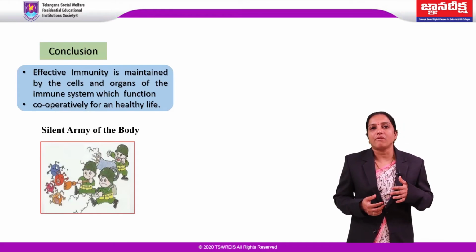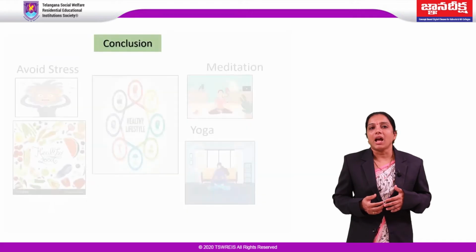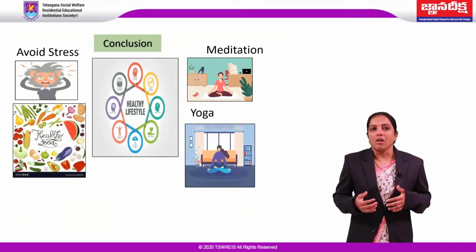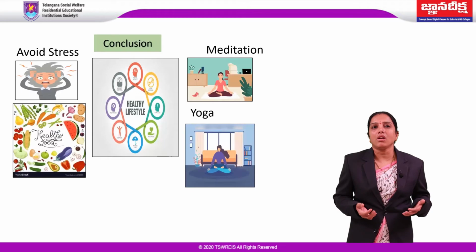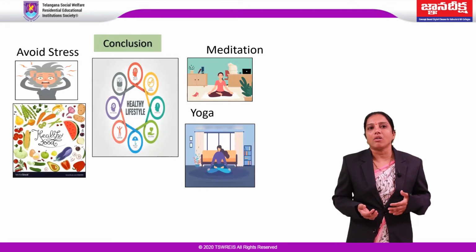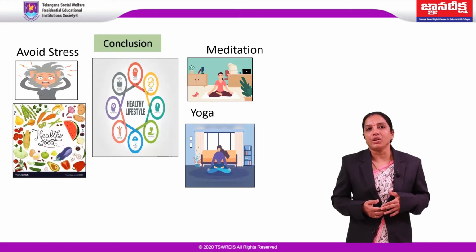Simultaneously, we should also avoid stress in our life, as stress induces or activates the corticosteroid hormones, which can suppress the effectiveness of the immune system. Even with all the different types of cells and organs in a well-mannered way, the immune system effectiveness will be lost due to these corticosteroid hormones, and even smoking and alcohol consumption also have adverse effects on all the cells of the immune system, and they influence in reducing the overall immunity of the person.